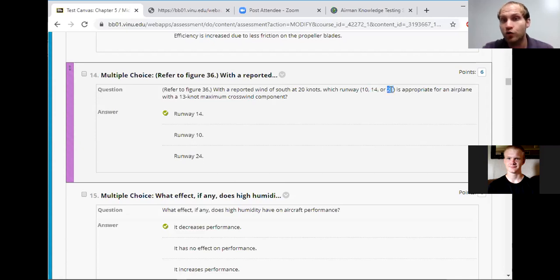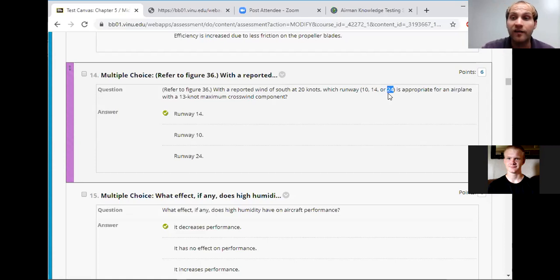What's our last answer choice? Runway 24. So that means if I come down final, I am pointing in the magnetic direction of 240. If the wind's from 180, well, that's a 60-degree angle. So we have to choose which one of these runways gives me the least amount of crosswind.